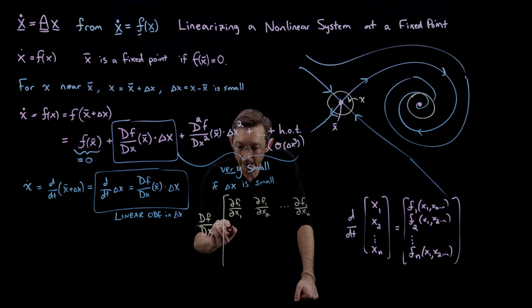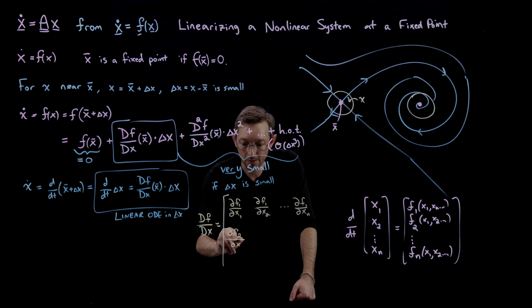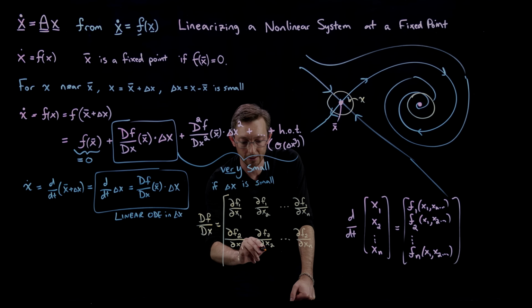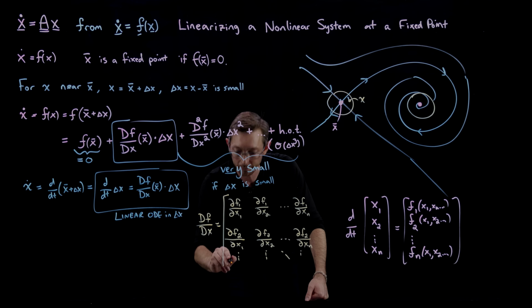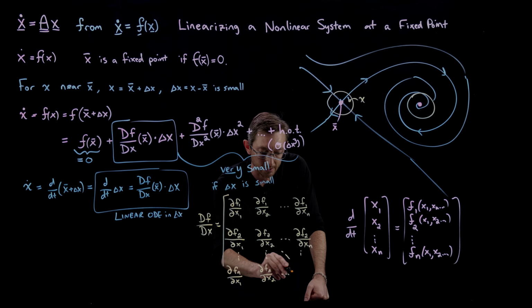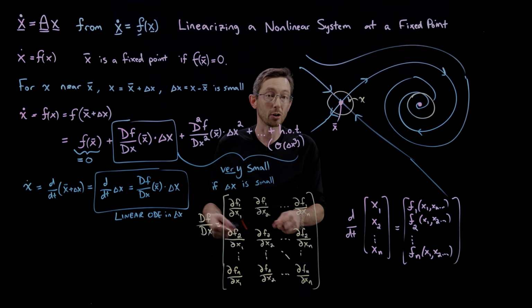The next row, as you may have guessed, is partial f2 with respect to x1, partial f2 with respect to x2, dot, dot, dot, partial f2 with respect to xn, and every row is the same. And then the last row is partial fn with respect to x1, partial fn with respect to x2, dot, dot, dot, partial fn with respect to xn. And that is literally my matrix of partial derivatives.